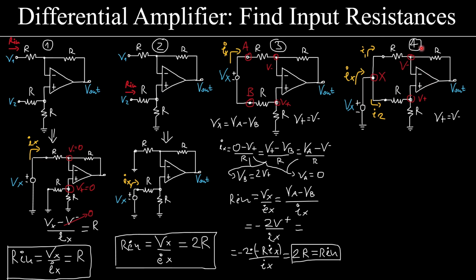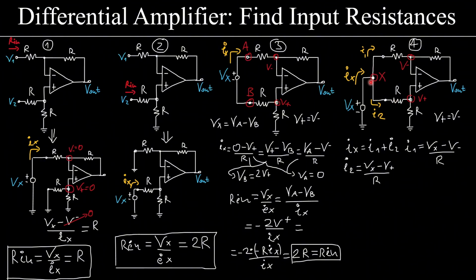This point has the same voltage as this point, all right? I know from the case, it's simple KCL at point X, that Ix is equal to I1 plus I2. How much is I1? From Ohm's law, very simply, Vx minus V minus over R. All right? How much is I2?